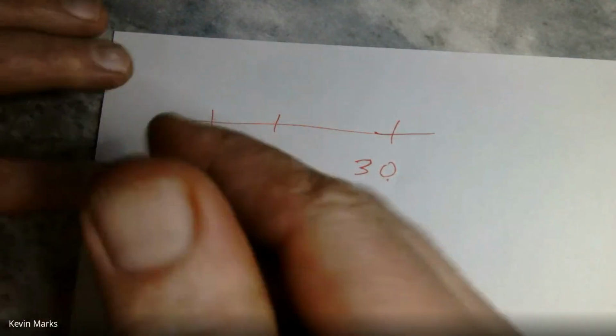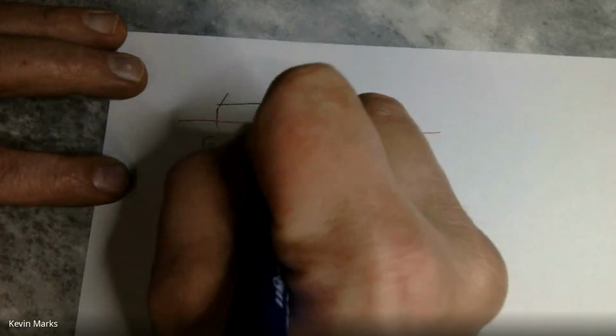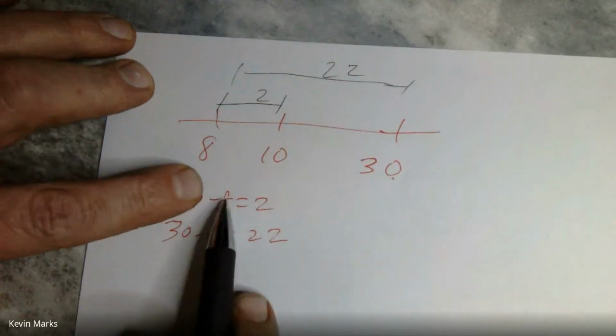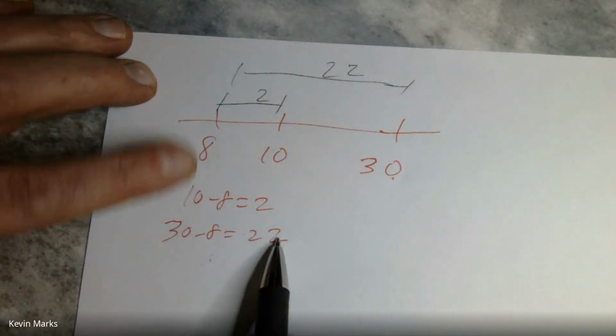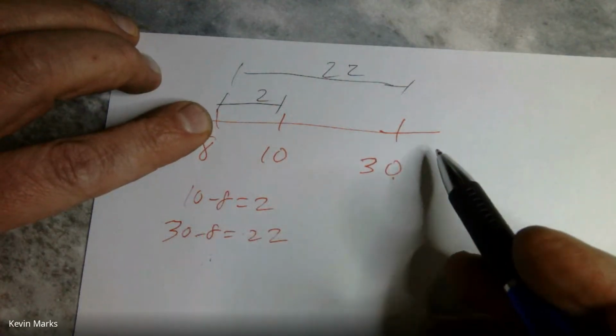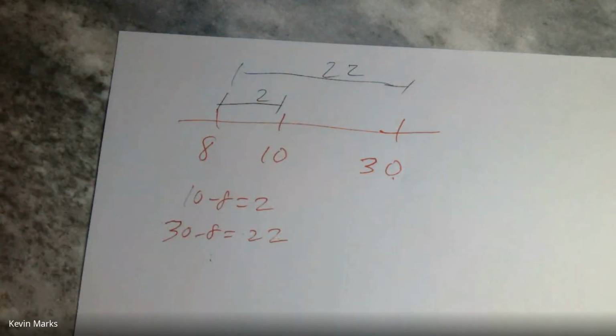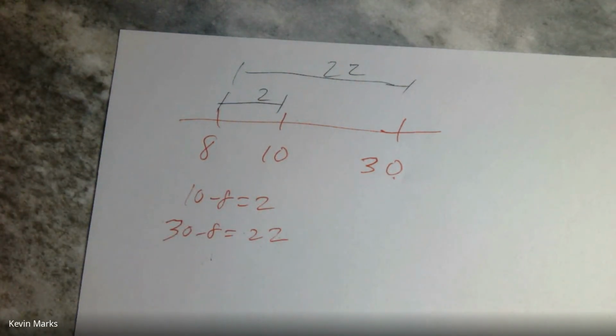So this space here is 2, and this space here is 22. If you subtract two numbers and you get a large space, then that number is farther away. Whereas if you subtract them and you get a small number, then that number is closer. So that's what a residual is all about.